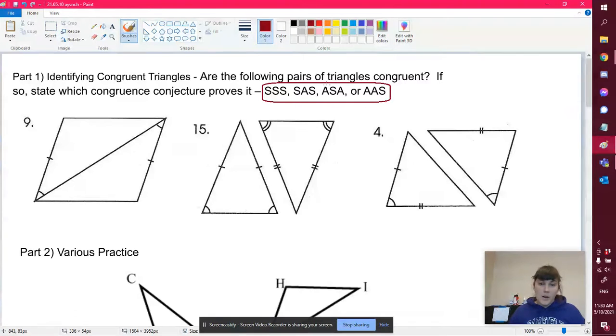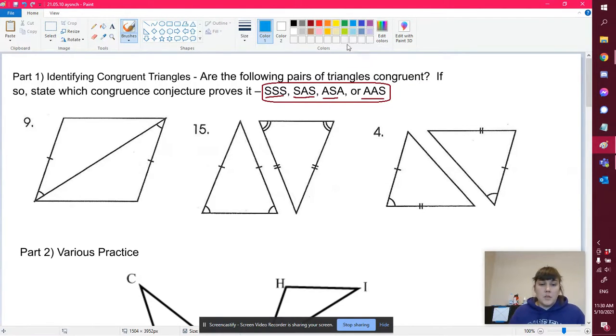What we're trying to do is find one of these 4 things: 3 pairs of congruent sides; a congruent side, a congruent angle, and another congruent side, where the angle is in between the 2 sides; an angle, a side, and an angle, where the side is in between the 2 angles; or 2 angles in a row and a side that are congruent.